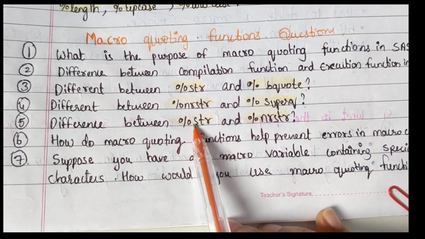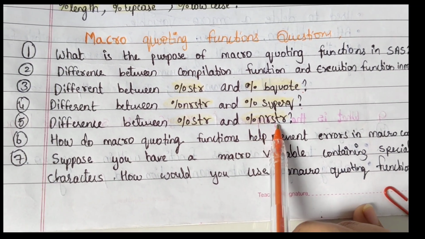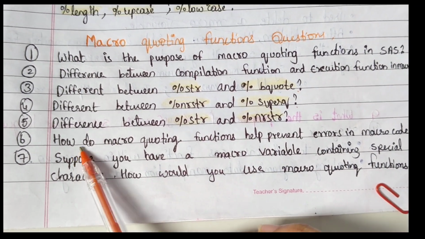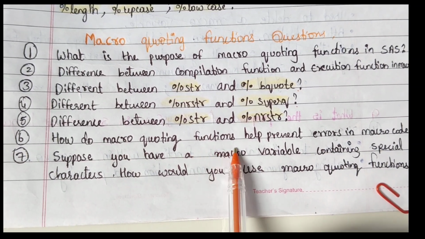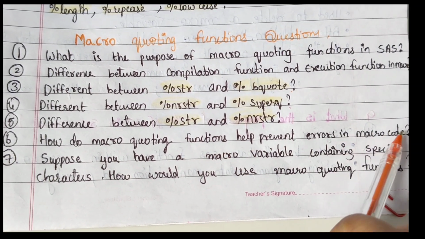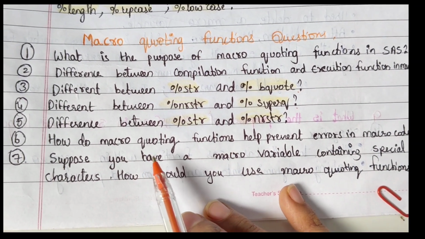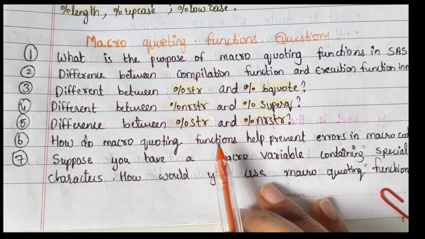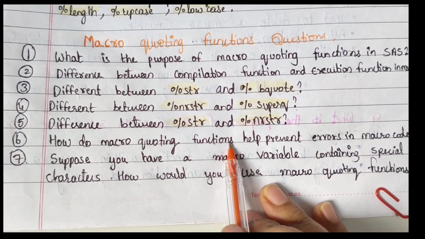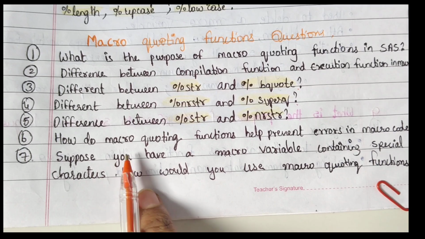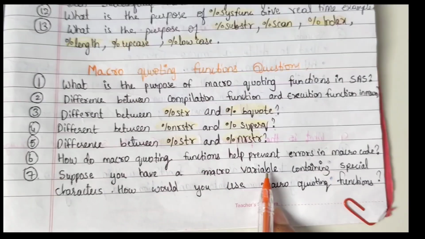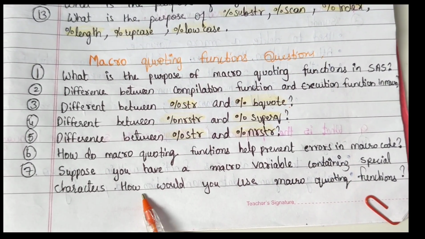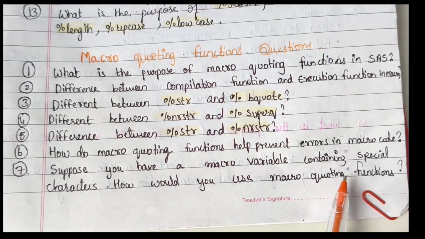Next, difference between %str, %nrstr. Okay, next is, how do macro quoting functions help prevent errors in macro code? It masks the special characters. Reduces the errors. Suppose you have a macro variable containing special characters. How would you use macro quoting functions?